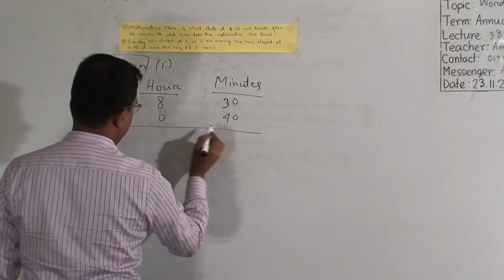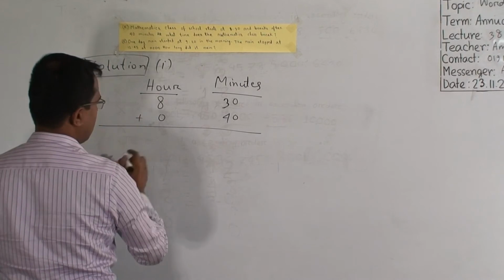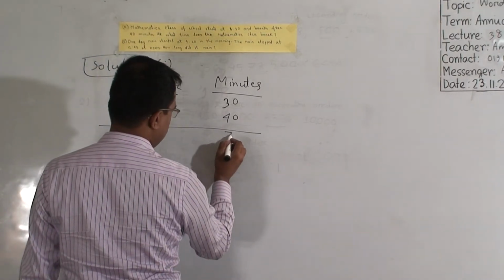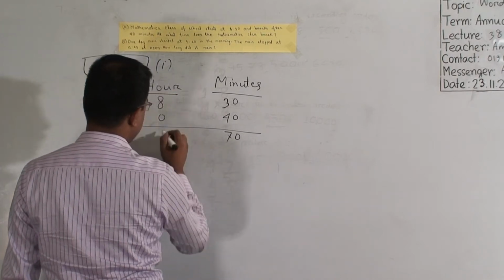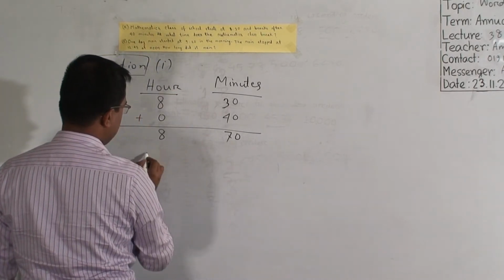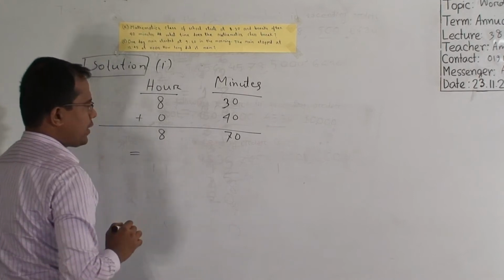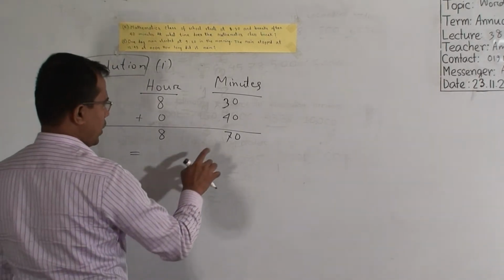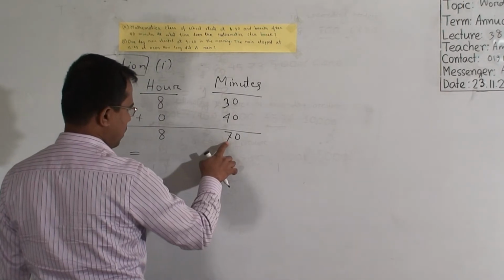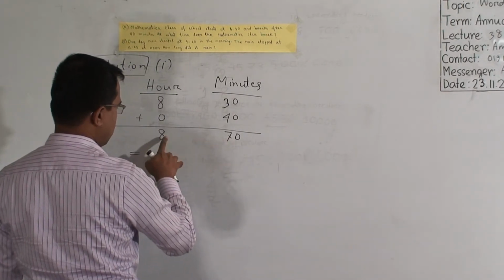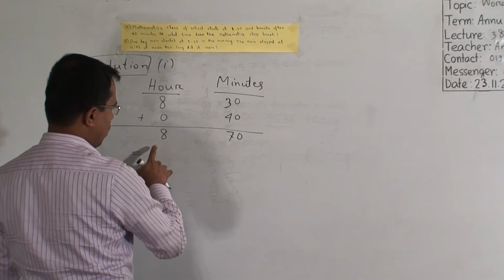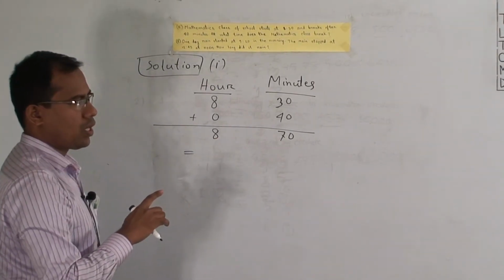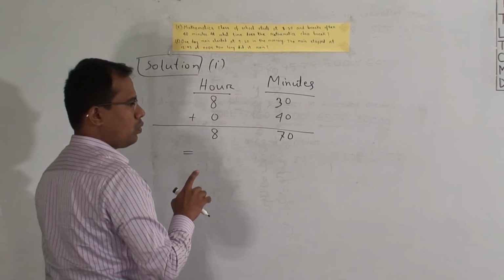Now we have to add. Here 30 plus 40 is equal to 70, and 8 plus 0 is equal to 8. We know that 60 minutes is equal to 1 hour. So we can take 60 minutes from the minutes place and convert it into 1 hour.